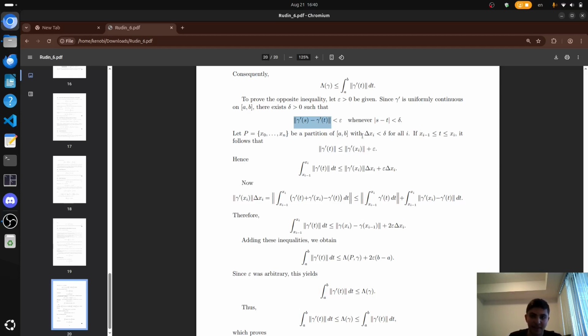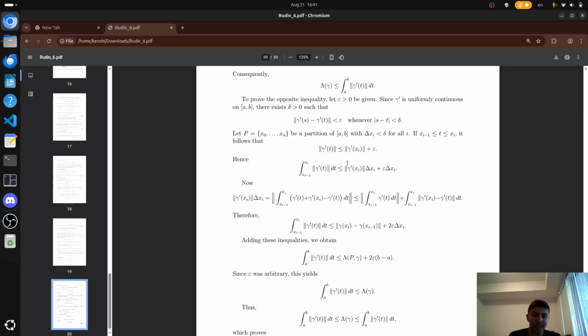And we know this works: gamma prime of s minus gamma prime of t is less than epsilon whenever the absolute value of s minus t is less than delta. So if we take delta x_i less than delta, that means it will lie in that neighborhood, so it will also satisfy that. So we can basically say that it works for t and x_i too. And we know that the absolute value of x minus the absolute value of y is less than or equal to the absolute value of x minus y.